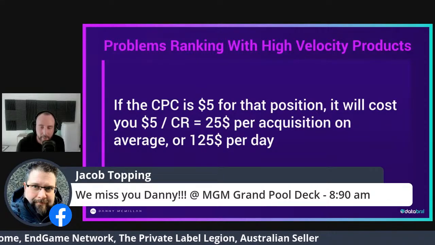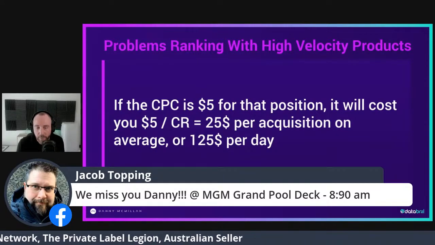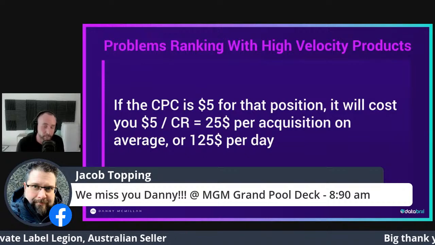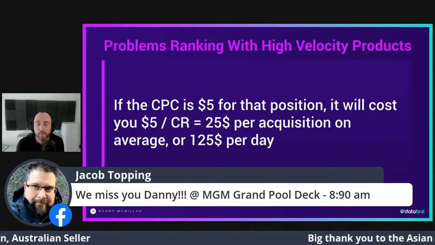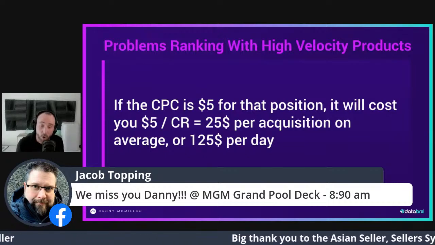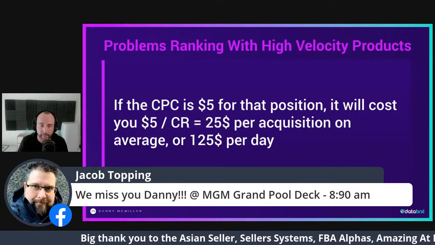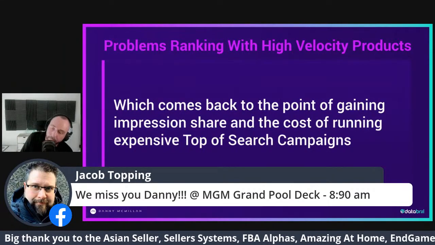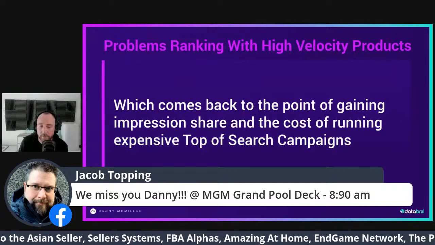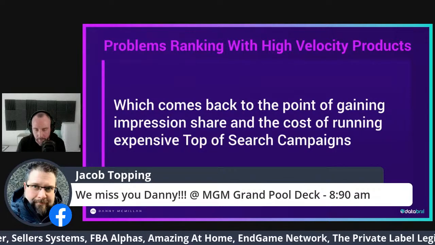If the cost per click is $5 for that position, it will cost you $5 divided by the conversion rate, which is equal to $25 per acquisition on average, or $125 per day. Which comes back to the point of gaining impression share and the cost of running expensive top of search campaigns.